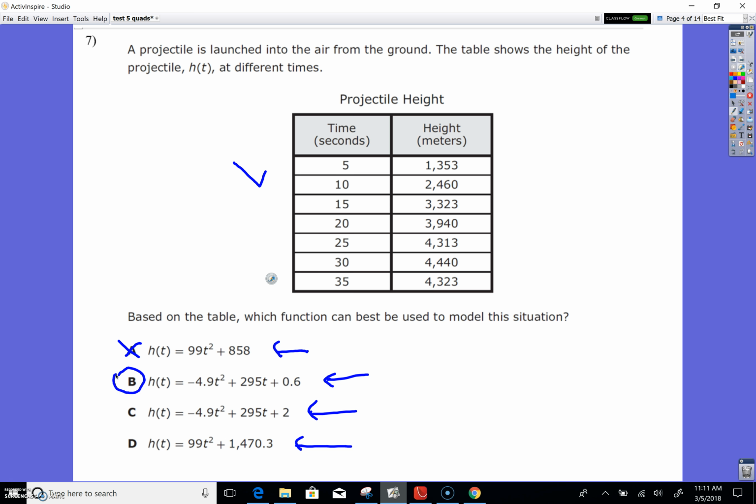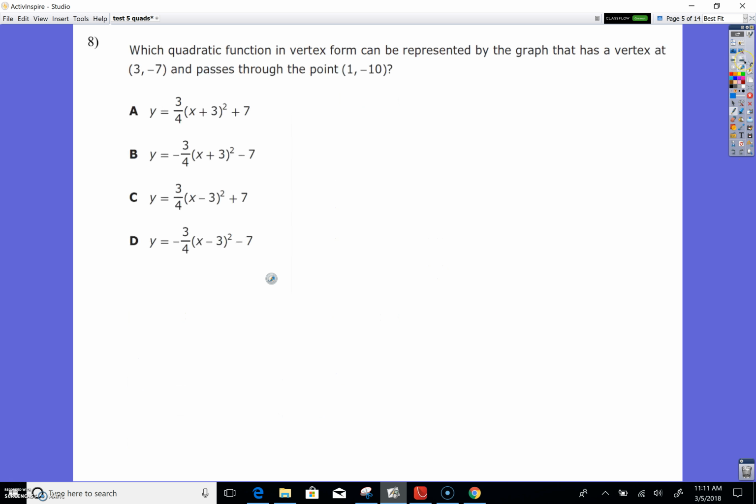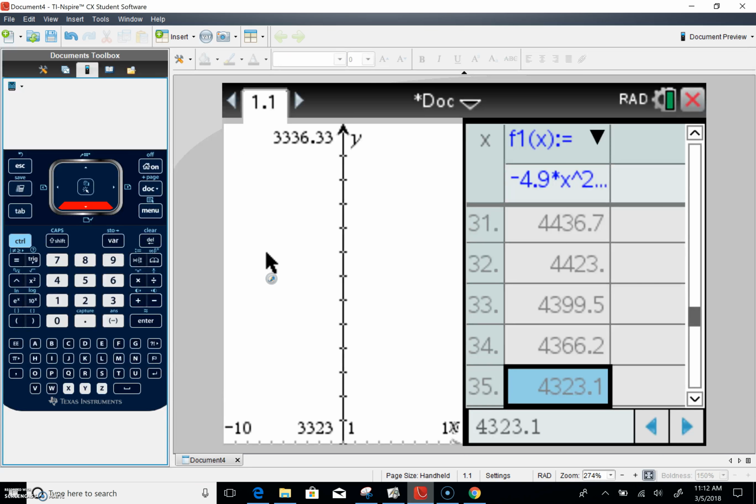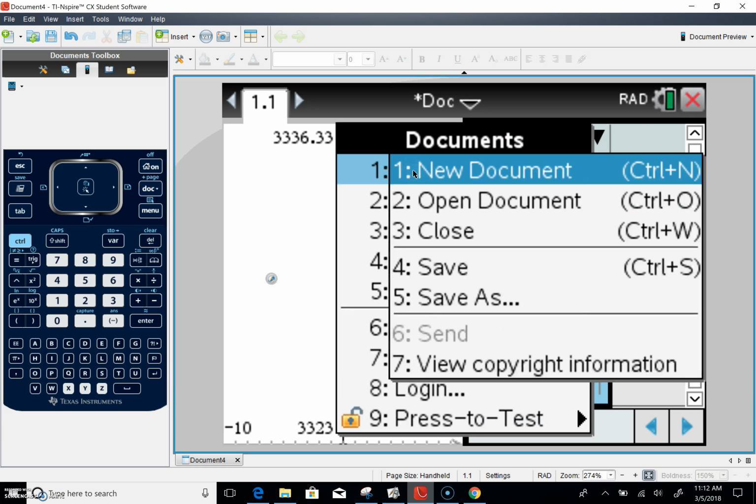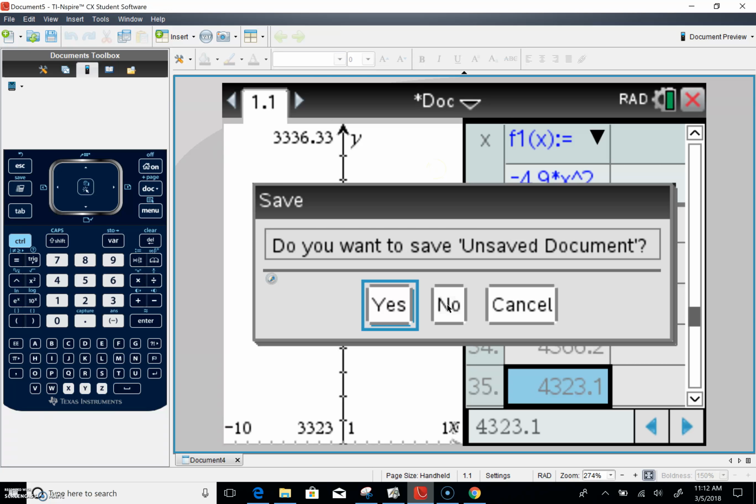Okay, number 8. Which quadratic function can be represented by the graph that has a vertex? Okay, so these are 2 points. All we're doing is looking at finding the one that has those 2 points, okay? So I'm going to try the first one. I'm going to start all over. New document. Do I want to save?